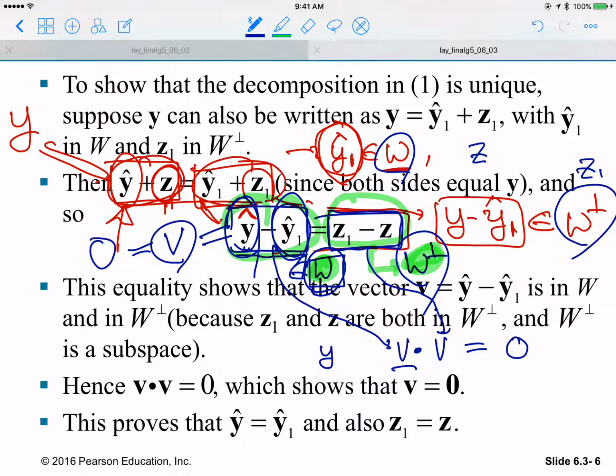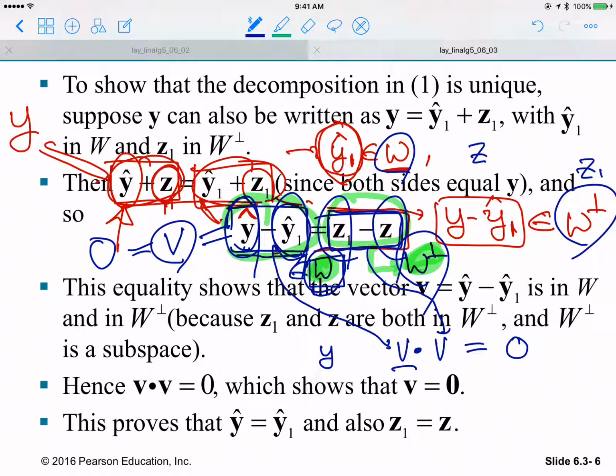Which means y hat and y1 hat should be the same, and z1 and z should also be the same. So even though we started from the assumption that there exists some y1 hat which is different from y hat, our conclusion was that y1 hat and y hat should be the same.